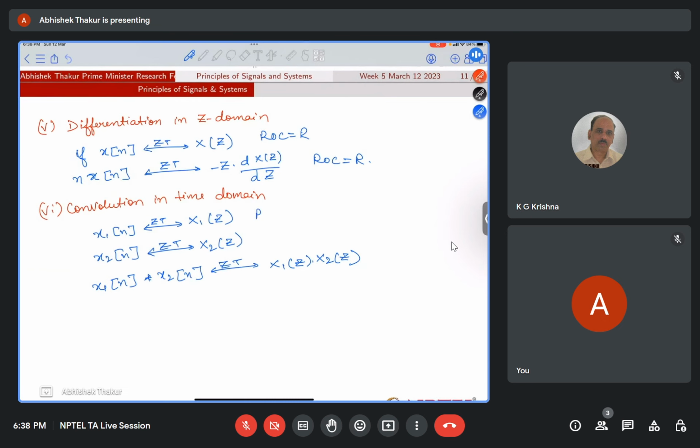Let's suppose the ROC here is R1 and here the ROC is R2, then the ROC will be the intersection of R1 and R2. So convolution in time domain will be just multiplication in the frequency domain.